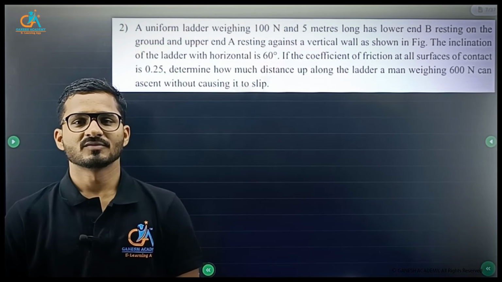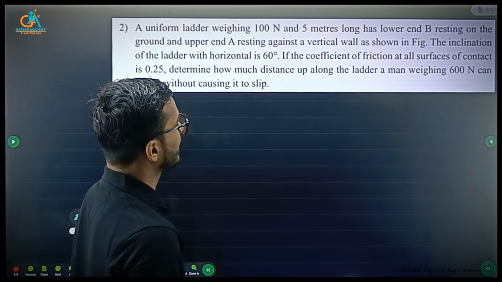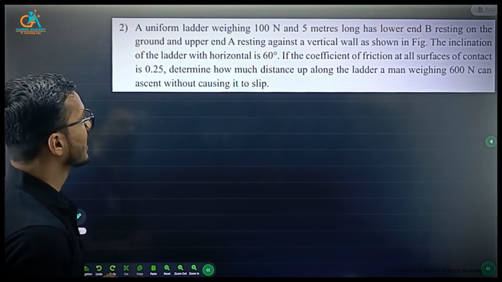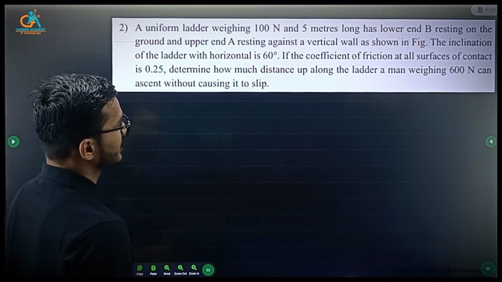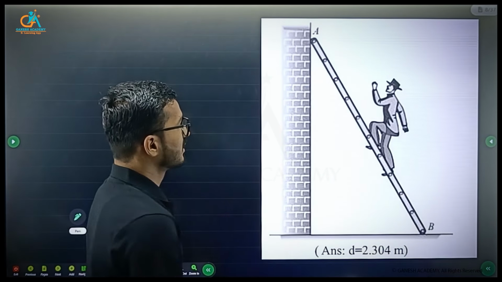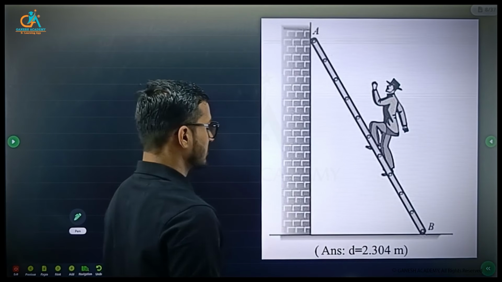ओके, तो स्टार्ट करते हैं सेकंड न्यूमेरिकल. Uniform ladder 100 Newton and 5 meters long has lower end B resting on the ground and upper end A resting against a vertical wall as shown in the figure. So this is the figure given. Ladder AB resting against the wall and on the floor.